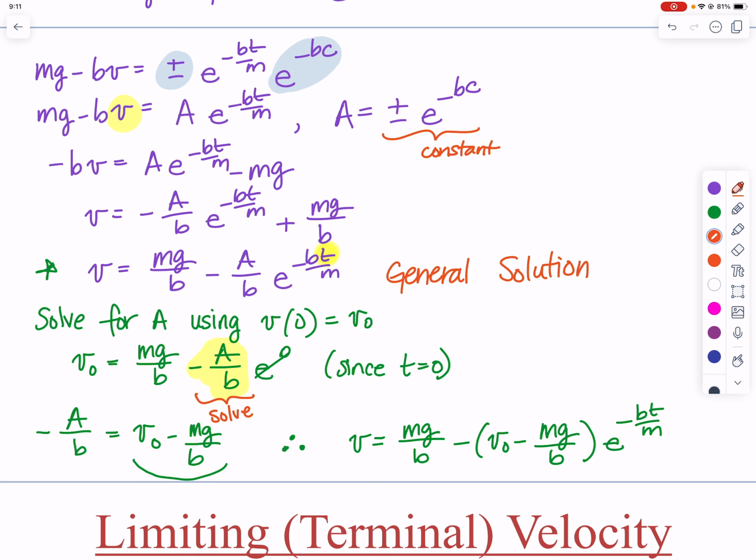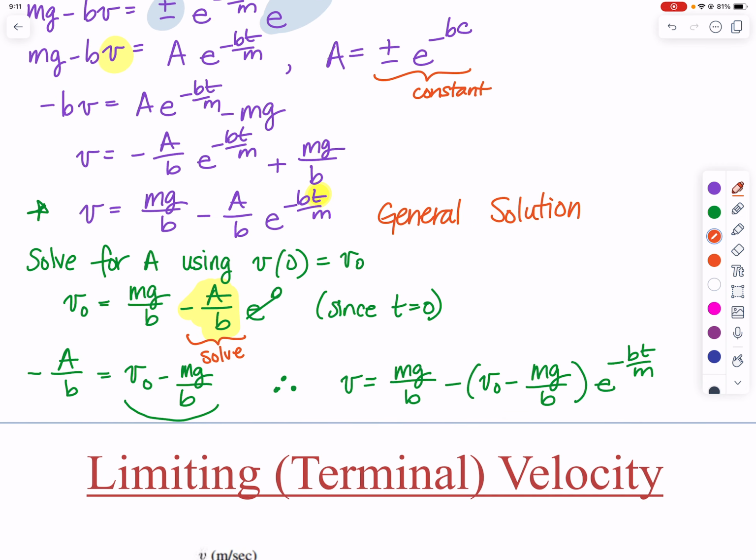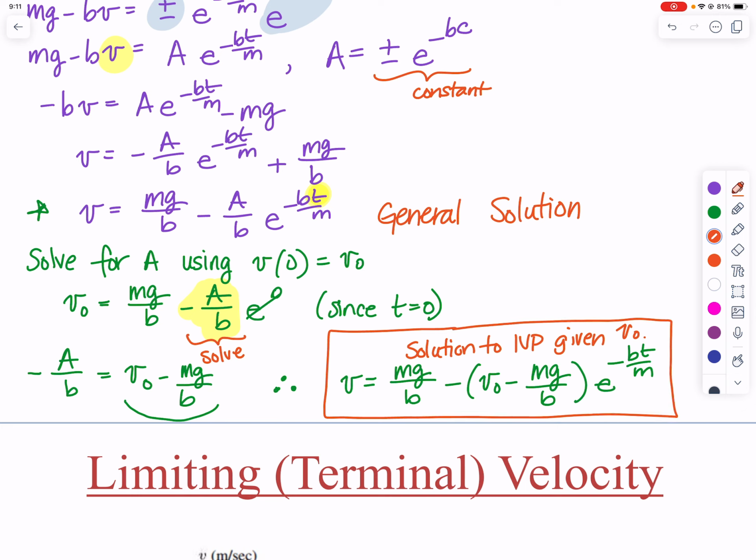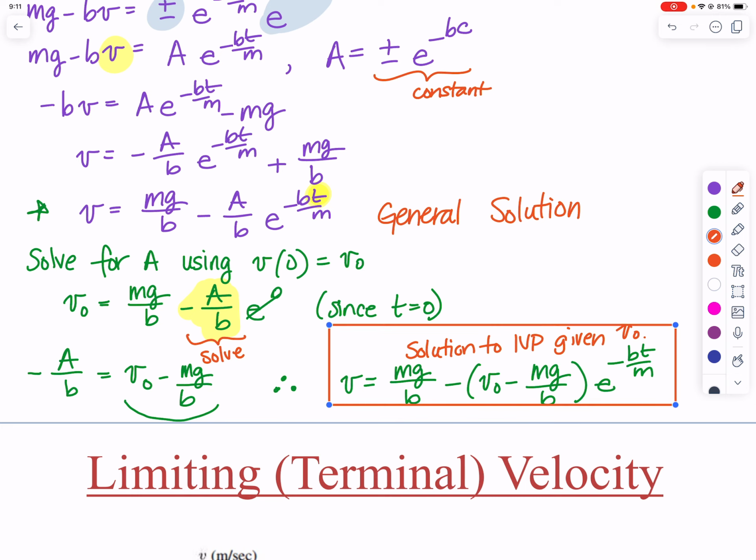This is the particular solution. This is the solution to the IVP given v naught. So we have derived that particular solution.